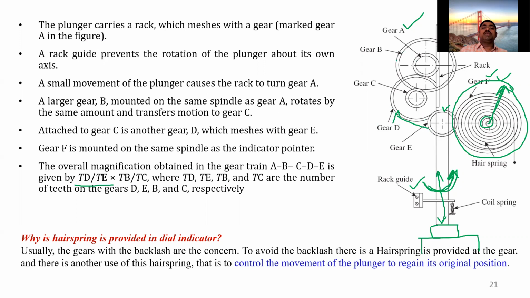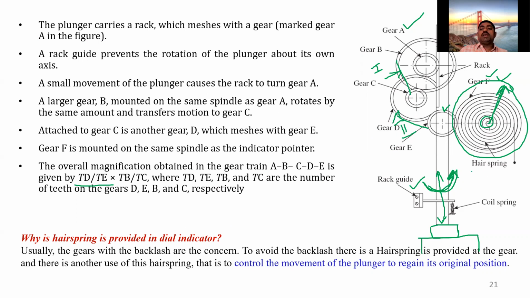This gear B is also connected to gear C. The total number of teeth on gear B divided by the total number of teeth on gear C. Here also we get another magnification. So the total magnification is obtained in two stages. This is the first stage and this is the second stage. So the total magnification is the product of the first stage and the second stage.